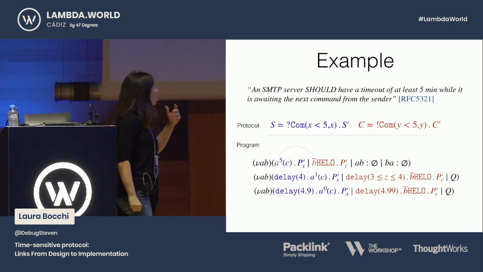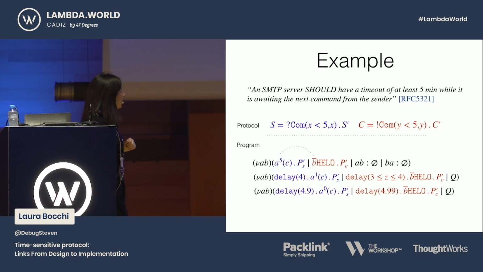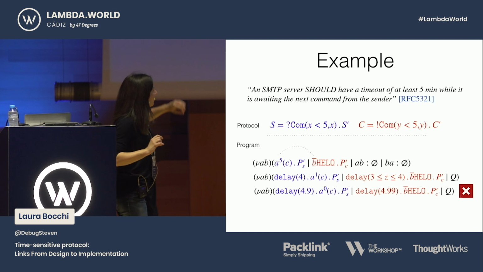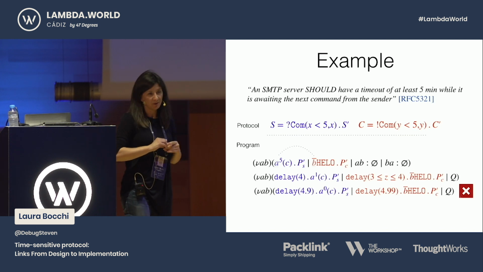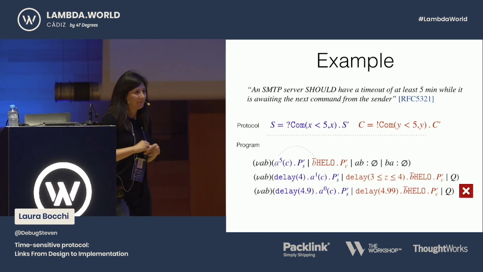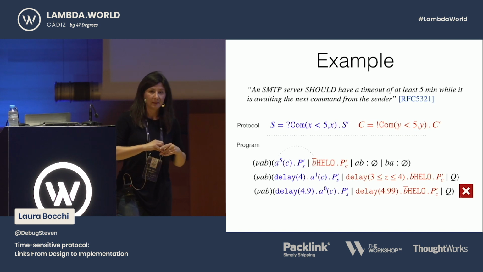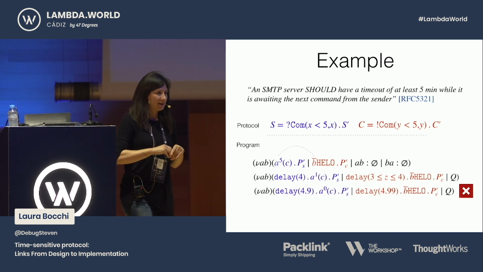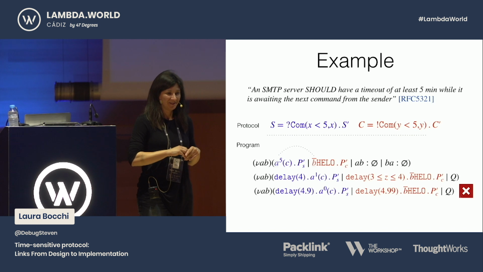So we wait almost until the final deadline 5. We wait for 4.9, and then we receive immediately. All of them are correct except the last one. The last one gives some problem. Can you see why at a glance?